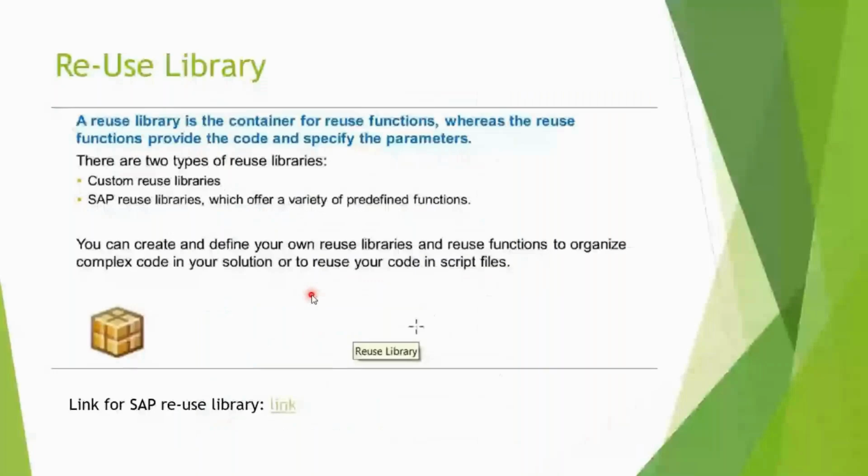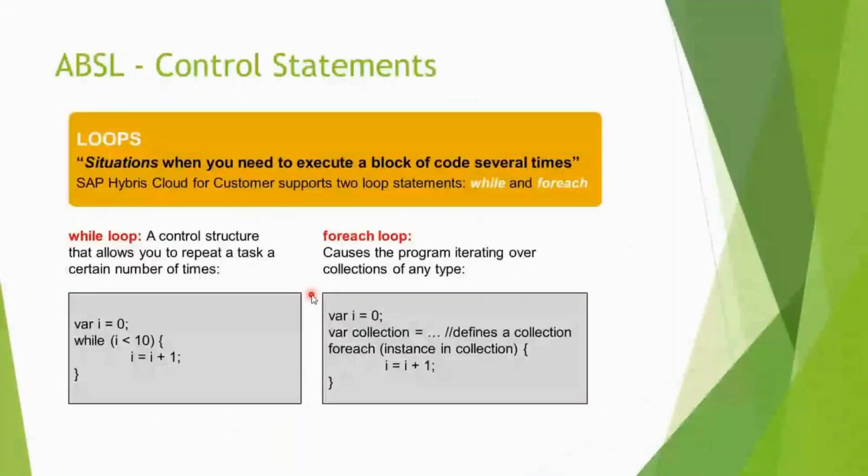In ABSL scripting, we will mostly be using three types of loops, similar to other scripting languages. A while loop executes as long as the condition is satisfied. A for each loop is for when, let's say, we have a list of 10 items and want to traverse through each list item.